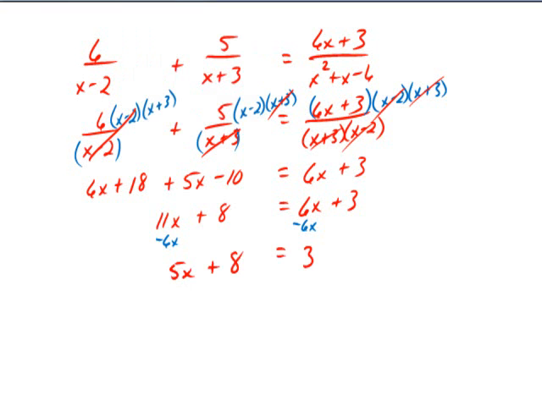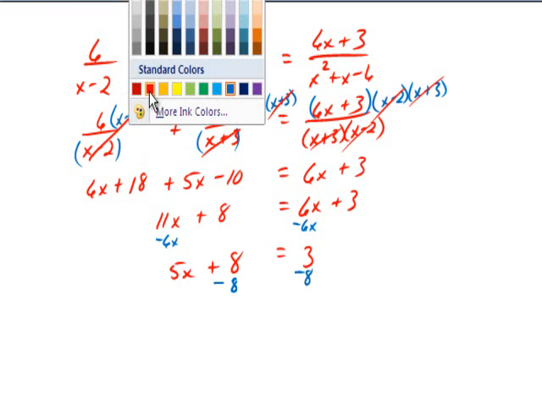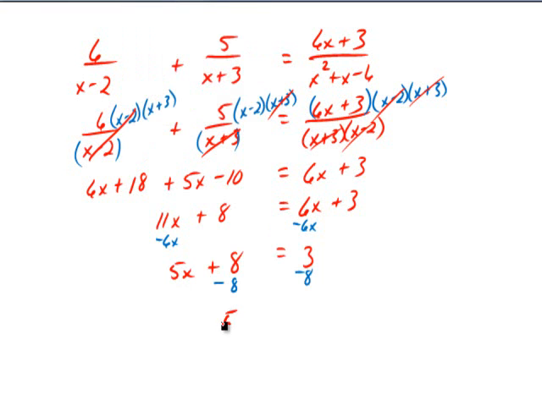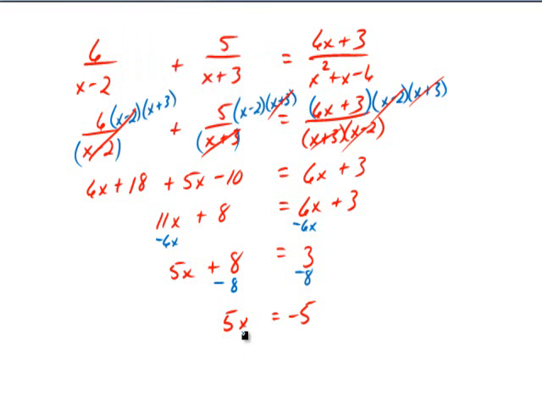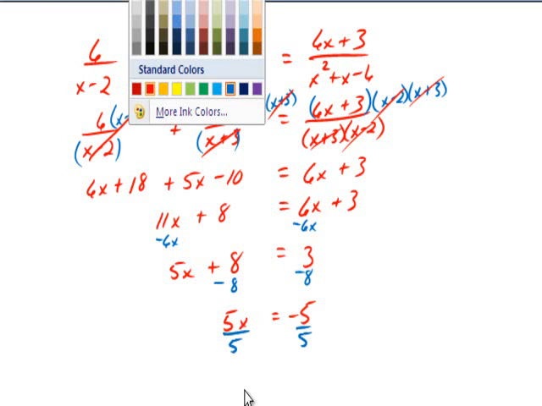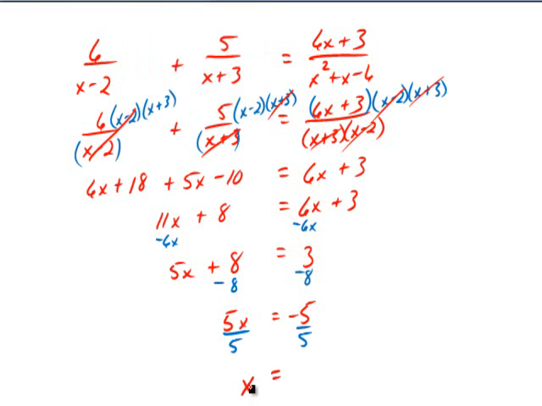I can subtract 8 from both sides. And I can divide both sides by negative 1. Or, I'm sorry, divide both sides by 5. And I get a solution, x equals negative 1.